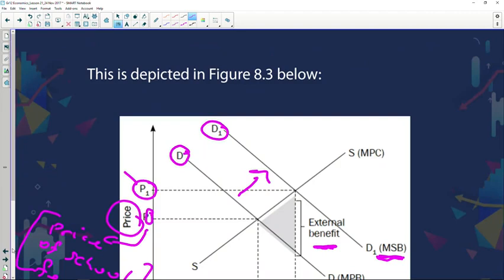Okay, so we can see in the shaded area that this is the part where there is the external benefit. So it will happen over here. So we see the value of providing that particular service because there is a huge demand around offering that service. So they see the value of having access to that facility or to that service.